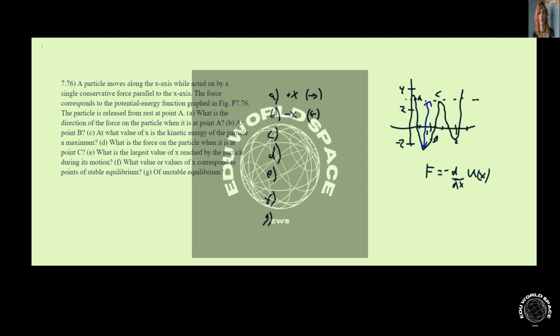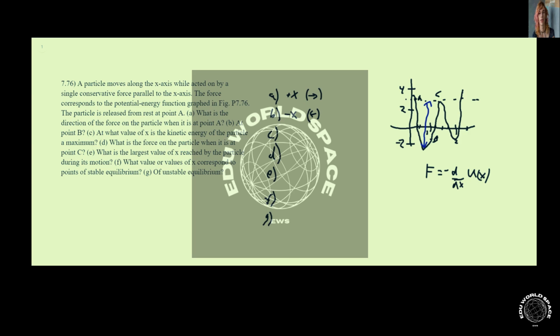So where we have the greatest difference between this dashed line and the base, one of the troughs, is going to be the greatest amount of kinetic energy. That's going to be right here at the bottom, somewhere around 0.8.